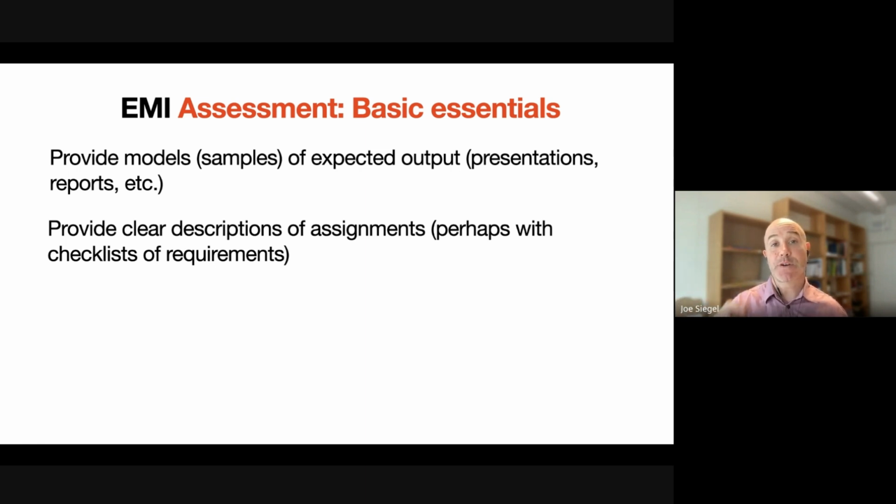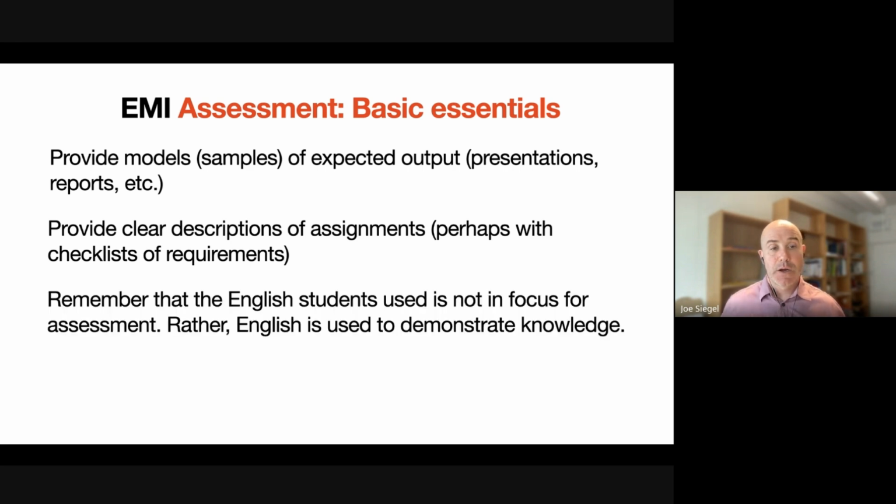These kinds of specific points make clear to students what we expect them to include. We should remember that the student's English use is not in focus for the assessment, but rather they're using English to demonstrate their academic knowledge in our discipline.